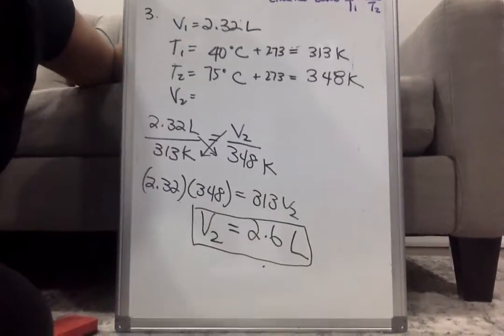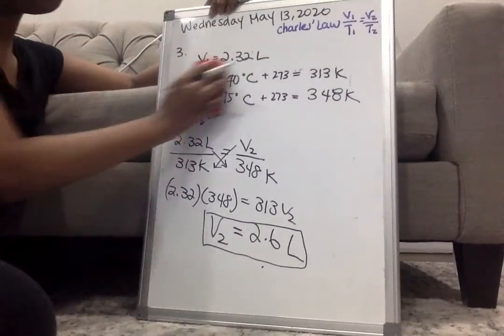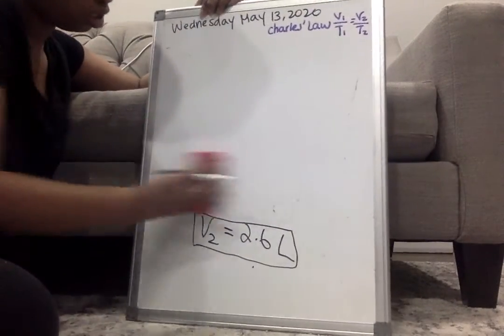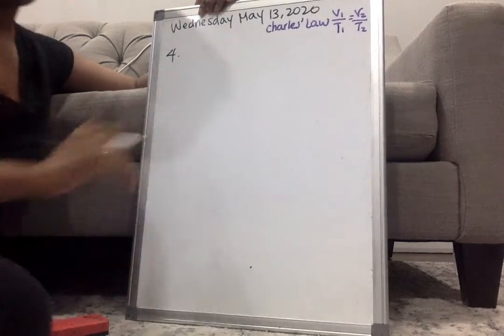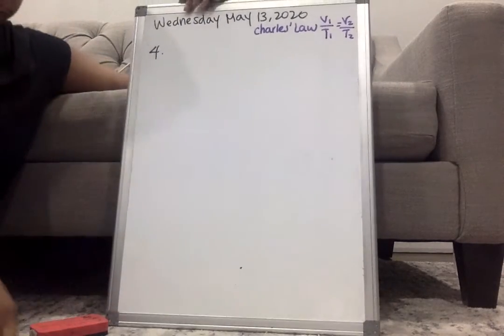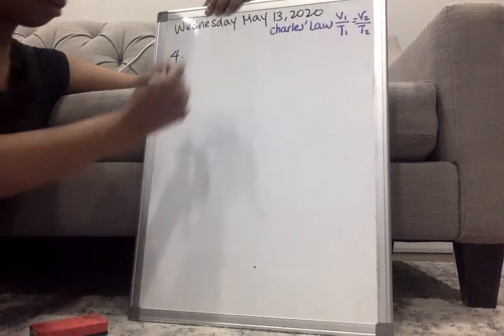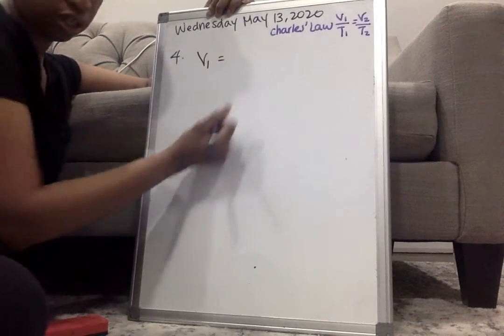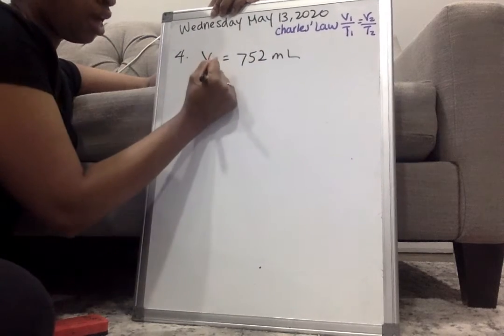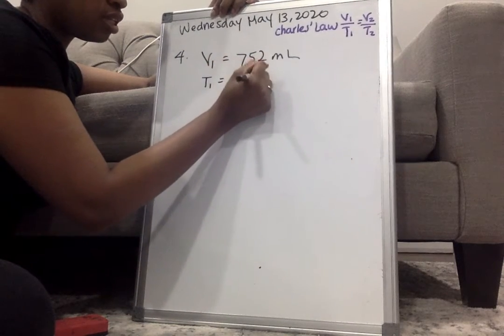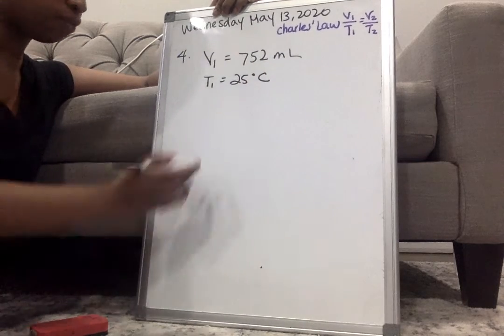Okay. Moving on to number 4 and final number. A sample of neon gas has a volume, V1, 752 milliliters at 25 degrees Celsius. What would the volume be?